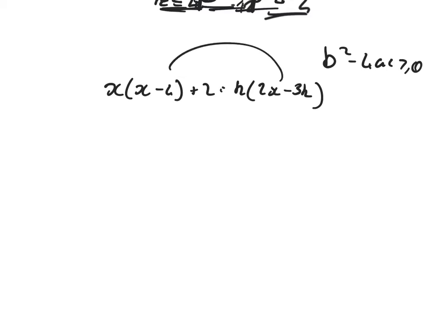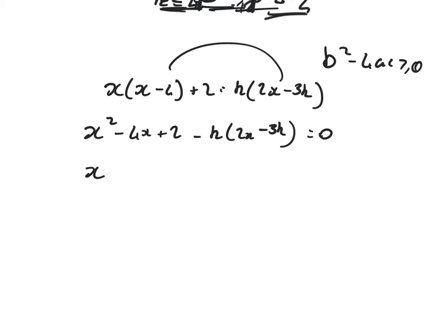Okay, so let's first of all bring that across. So that'll be x squared minus 4x plus 2 minus k(2x minus 3k) is equal to 0. So it's x squared minus 4x plus 2 minus 2kx plus 3k squared is equal to 0.